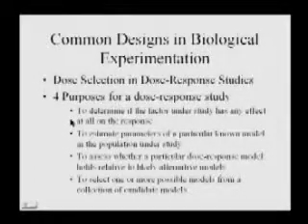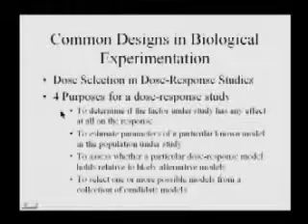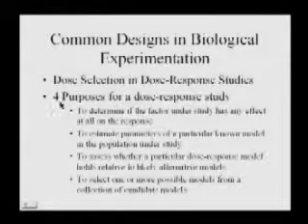So dose selection in dose response studies is considered on this slide. We saw a dose selection in the previous study, and we'll see an example of a rationale for an experimental design that takes this into account and how we settled on those doses. There are four purposes for a dose response study.